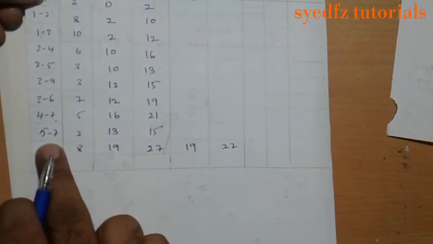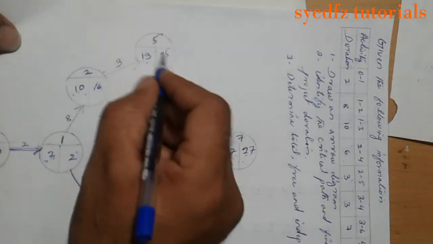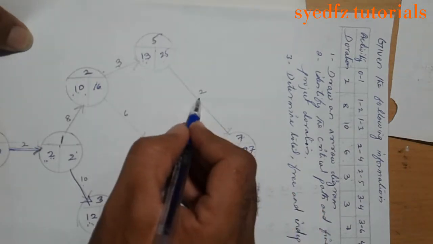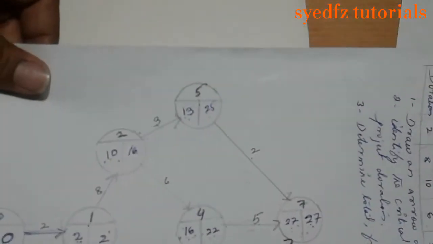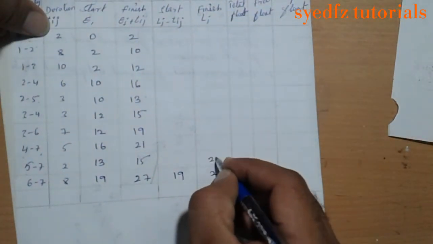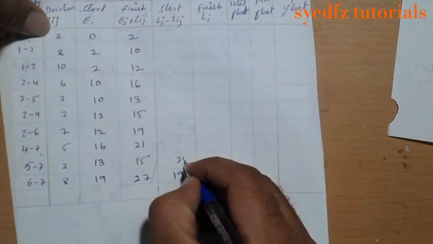Now 5 to 7. Finish on 27, after deduction we got 25.